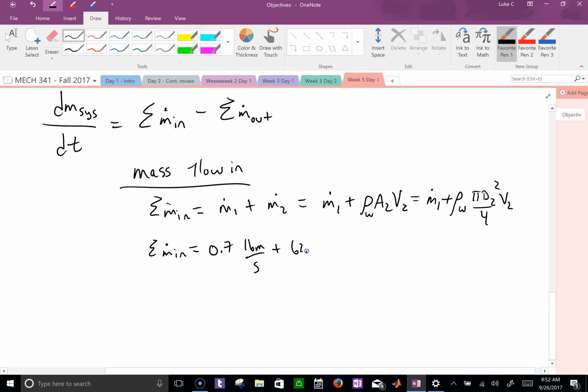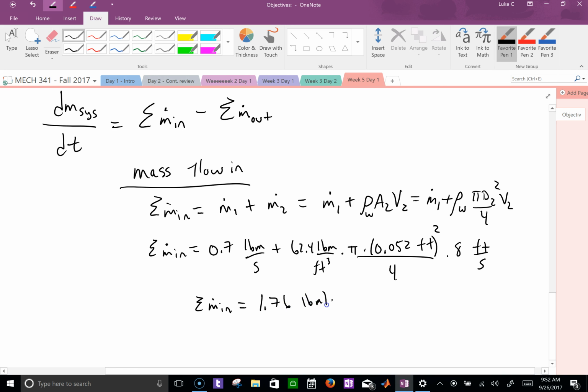So 62.4 pound mass per feet cubed times pi times 0.052 feet squared over 4 times 8 feet per second. Is that big enough in the back, Adam and Adrian and Kirsten? And we get 1.76 pound mass per second.